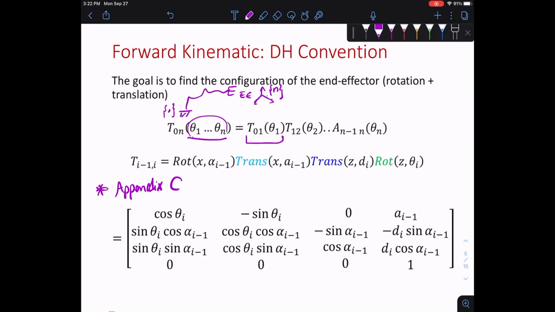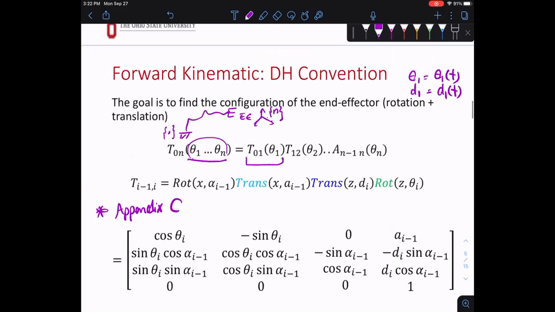I just drop all the t's because it's cumbersome. But when we say theta 1, we actually mean theta 1 of t. When we say d1, we say it is d1 of t. If it's a joint variable, it is a function of time. To make your life easy, I usually put a star. This star means that it's a joint variable, a function of time. Okay. Did I answer your question?